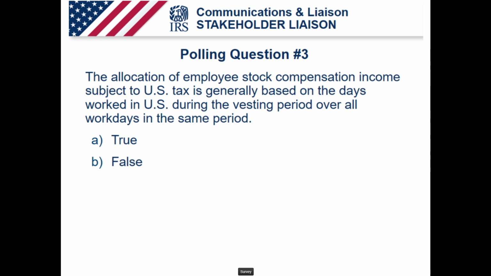Select A for true or select B for false. Take a moment, review the question, click the radio button that best answers the question. If you do not receive the polling question, please enter the letter A or B that corresponds with your response using the Ask Question text box.